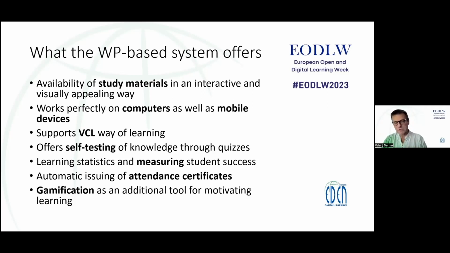Behind the system, there is of course also some kind of analytics, learning statistics that measures students' success, and the attendance certificates will be issued automatically. So when a student finishes all the lessons, all the topics, and successfully finishes the quiz, the attendance certificate will be automatically given to the student.